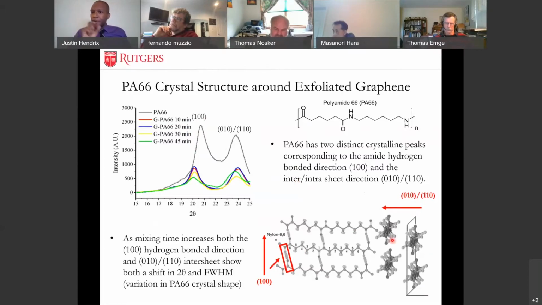And we observe that they're changing as we exfoliate over a period of time. So we're trying to figure out what that change is, and if it would affect the changes that are occurring within the matrix given by the polymer. We'll touch on that here.